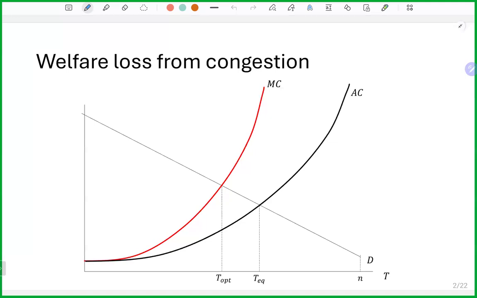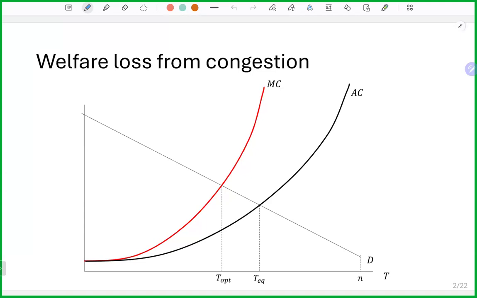The red area. Now we are ready to compare grand total cost at the social optimum and that at equilibrium. The difference between the grand total costs is this area. So at which situation is the grand total cost higher?